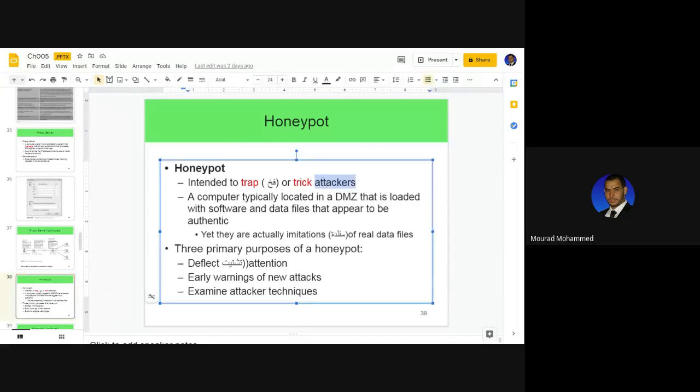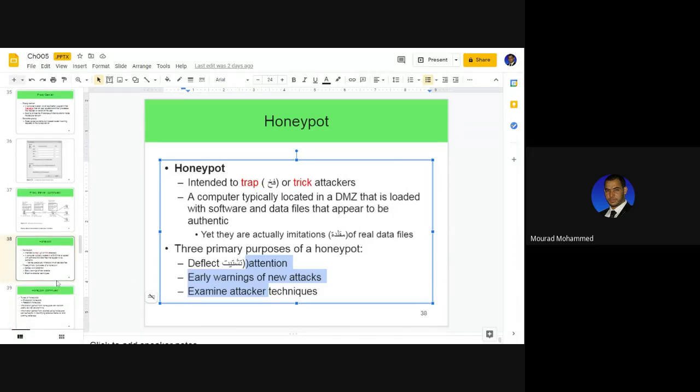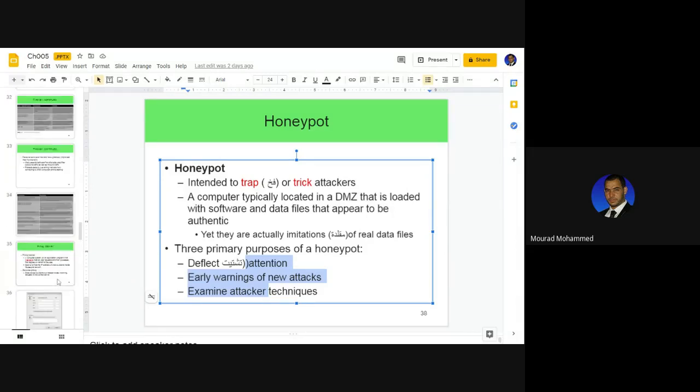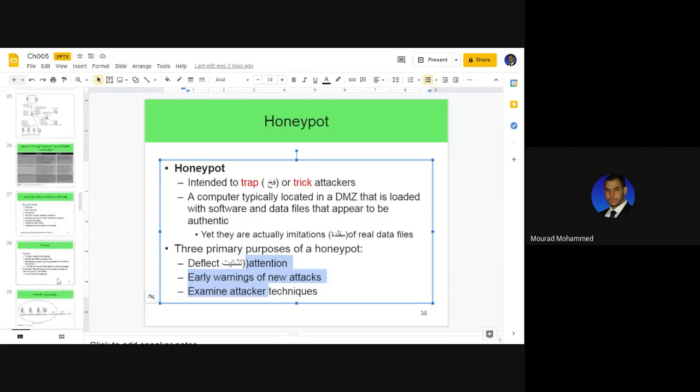Who? The hackers, the attackers, the cybersecurity criminals, and so on. We'll come back here, but let's just have a look into a graph in order to explain it better. Let's come back to the demilitarized zone.